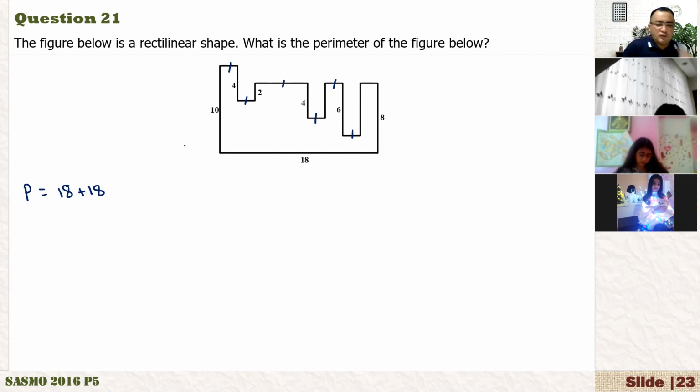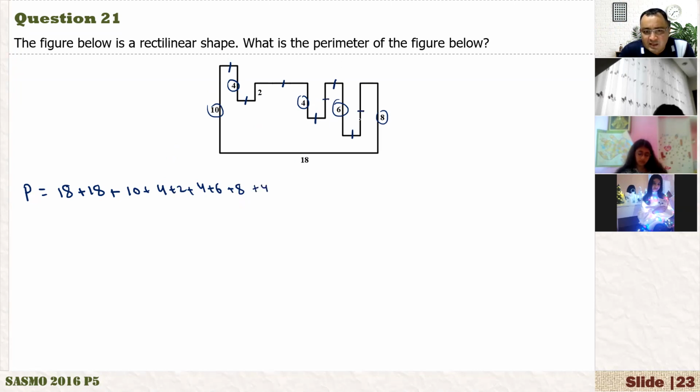So now we will calculate the vertical lines. Here we have 10, plus here we have 4 and 2, and here we have 4 and 6, and here we have 8. But if you notice, this side is also 4, so I should add 4 one more time.